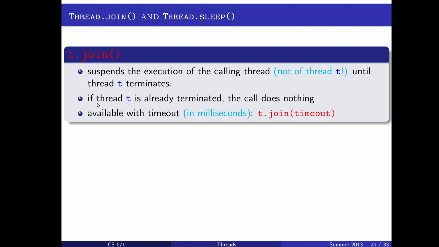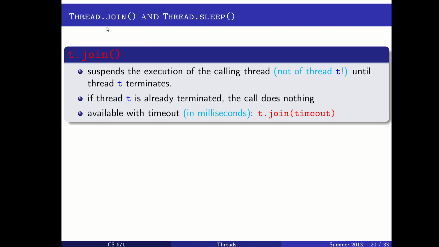So join. Join suspends the execution of the calling thread. It is worth noting what calling thread means. Your program is executing inside of some thread. Even a single-threaded program has that one thread that it's executing inside of.